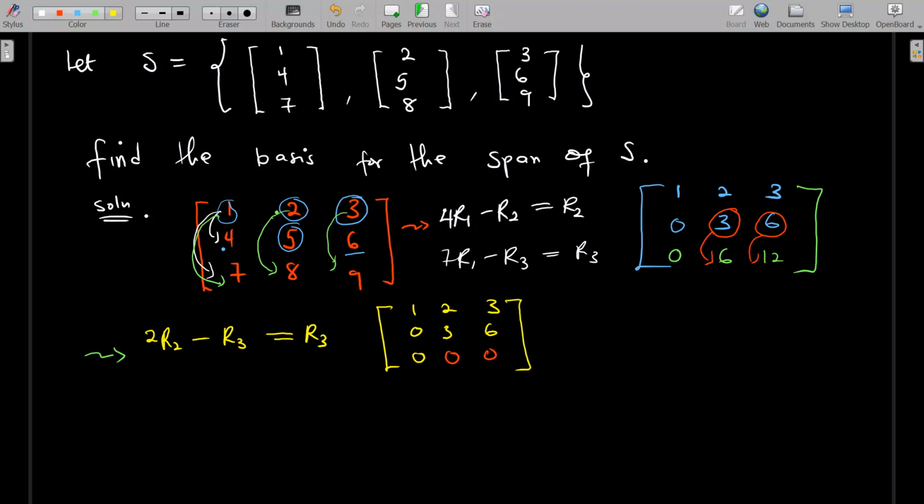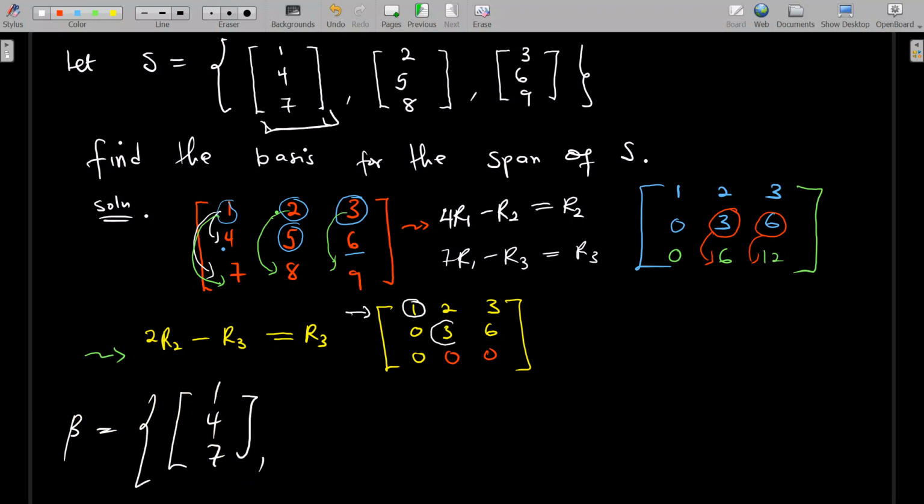So here, what we're going to do is locate the leading values in each row. So I come to row 1. Leading value is 1. So I go to the vector that I placed in column 1, and that is this vector. So the basis here is supposed to be, I'll put the first vector there, 1 4 7, and I go to row 2. Which one is the leading value? That is 3.